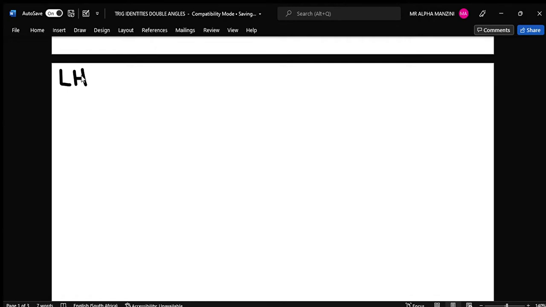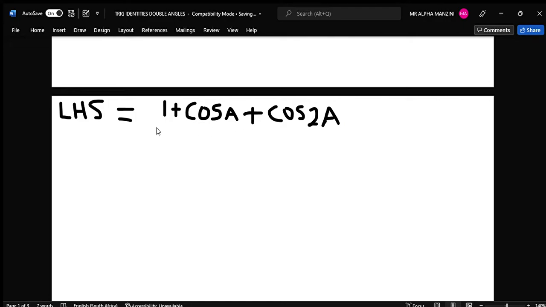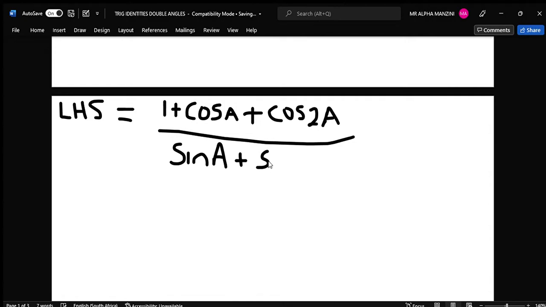The left hand side is equal to 1 plus cos A plus cos 2A, all over sin A plus sin 2A.